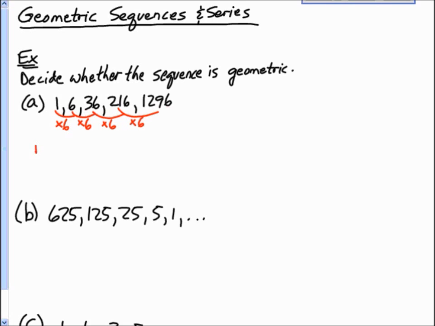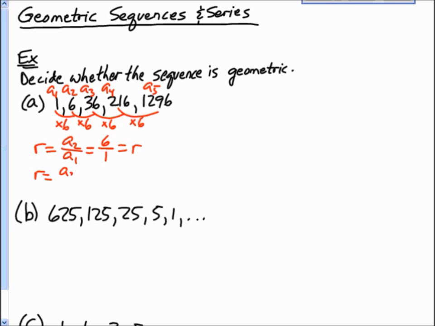So more formally, you have what's called a common ratio. If you call these a1, a2, a3, a4, a5, and so on, your second term divided by your first term will give you your common ratio. Now it has to be fixed, right? You have to have a fixed common ratio throughout.